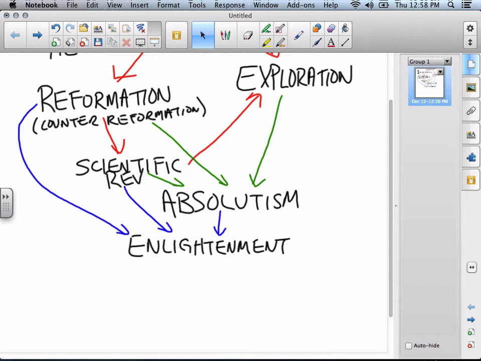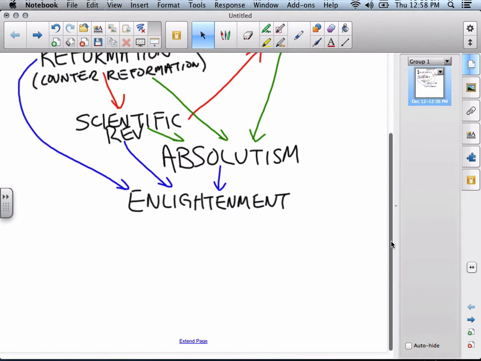All of this questioning leads to? In this class, yes, the French Revolution. But you have to understand as citizens of the world that something else happened in between. What happened between the Enlightenment and the French Revolution? The American Revolution, yes!